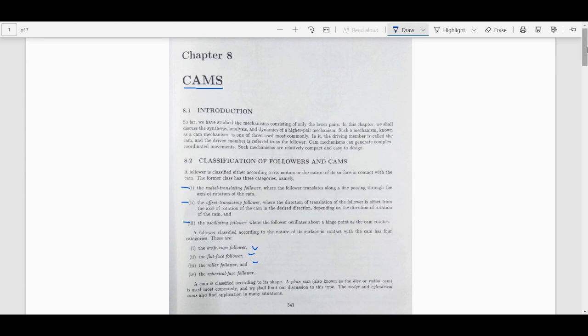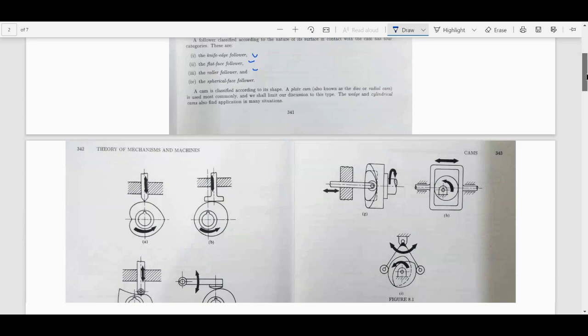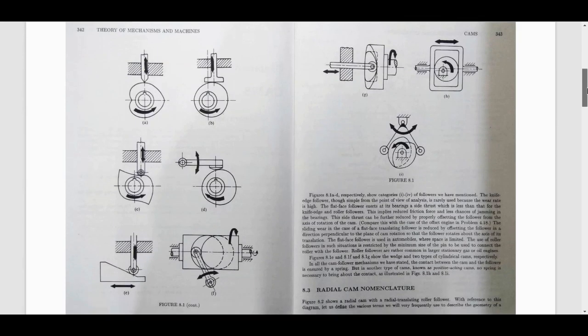Let's scroll down to the next page in the book, and you see this is the knife edge one, this is the flat face one, this one has an offset. You see this line and this line are different. There's an offset. This one has an offset also. You may think that this offset has no real meaning from the kinematics point of view.